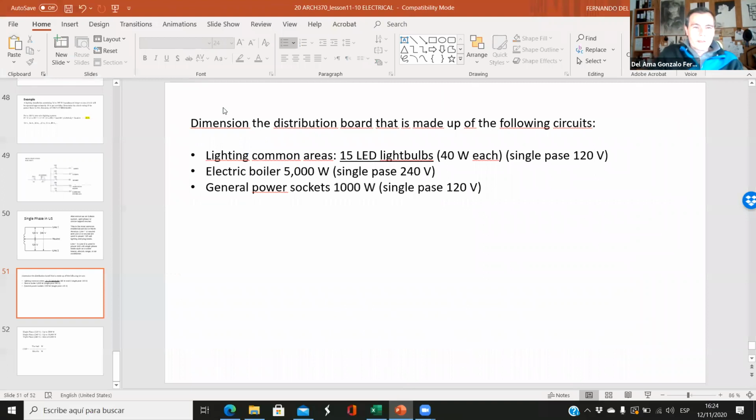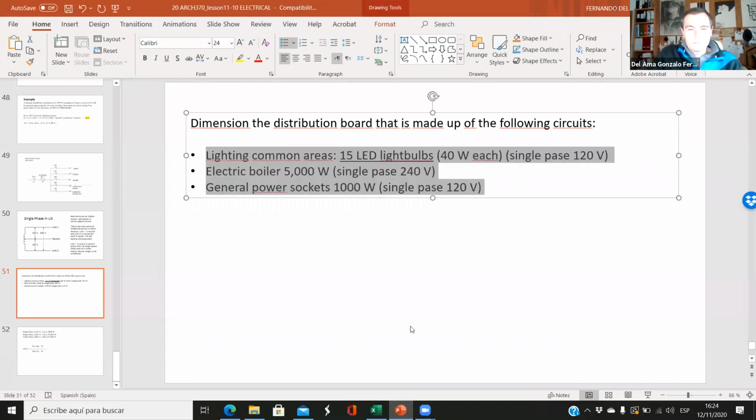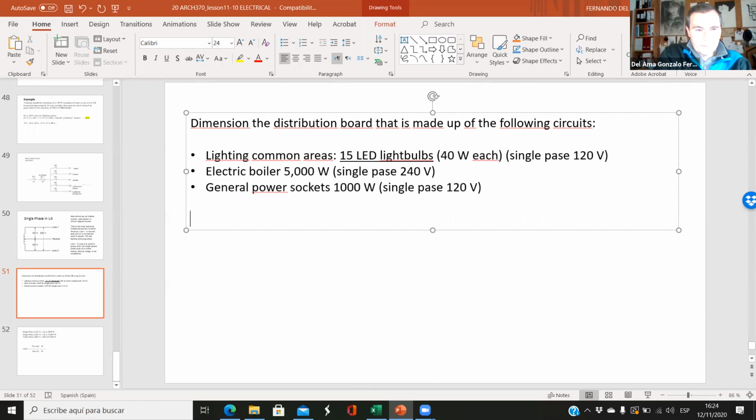Okay, there you go. So this is the building, or the part of the building that we are designing. First, we have to calculate the circuit breakers. We have three circuits here.